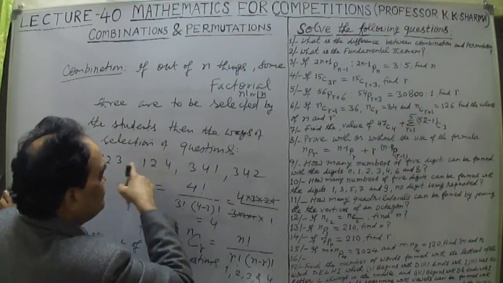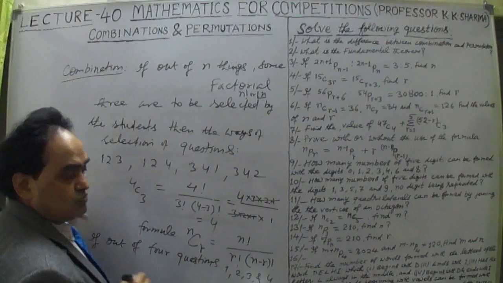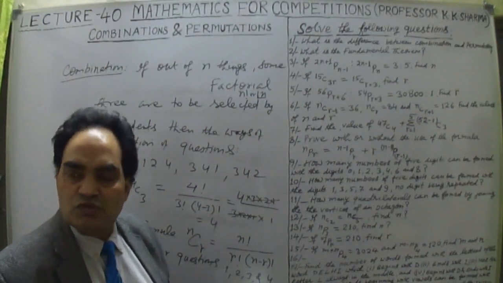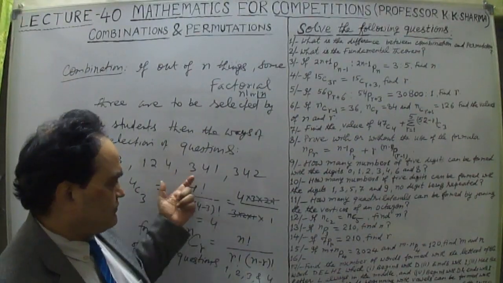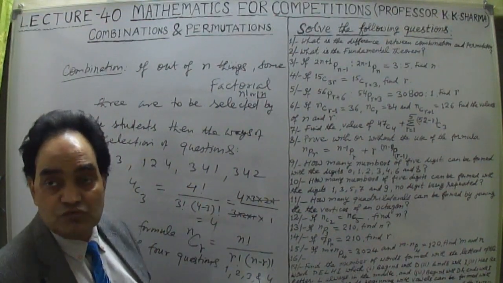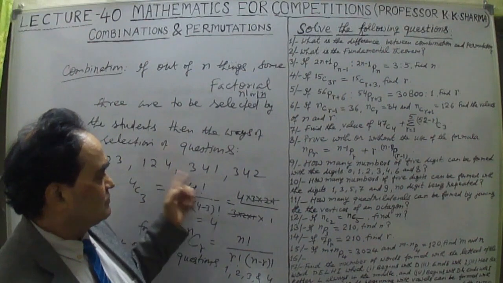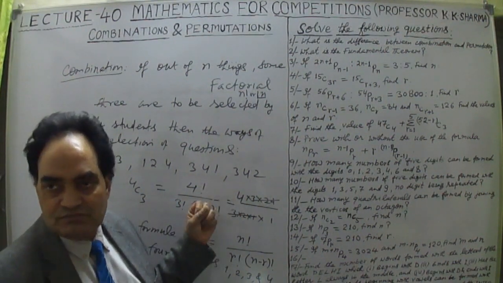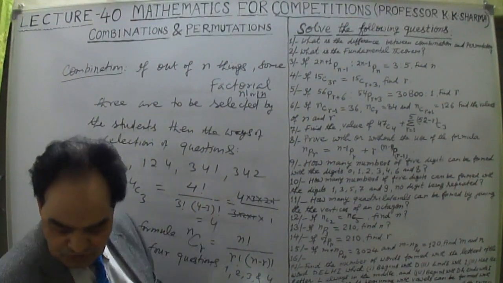So there are 4 ways of selection of questions in a unique way. Out of those 4 questions, these are the 4 unique ways of selection, right? This is how combination works, the unique way of selection.